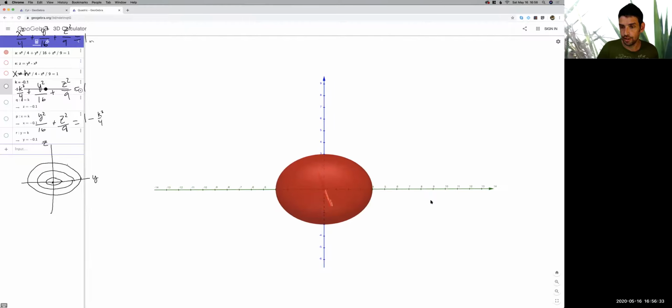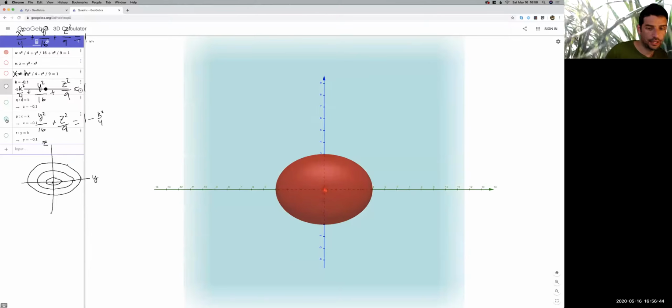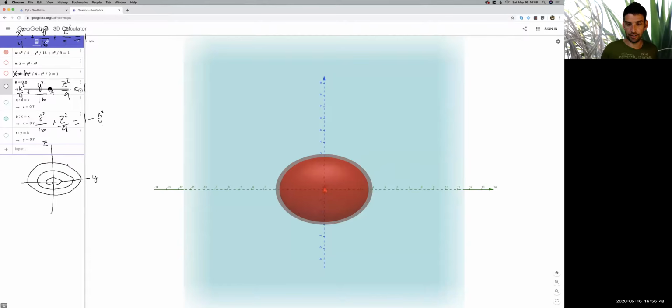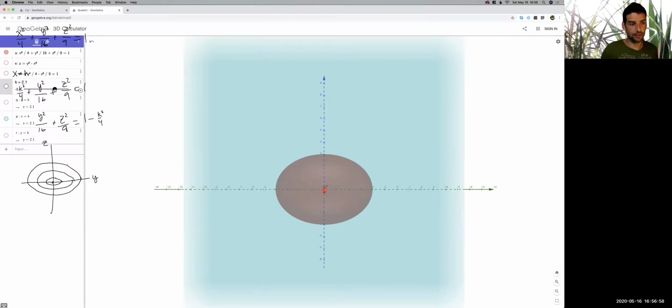We've got y positive to the right, z positive up, and let's add in the plane x equals 0. And I'm going to start making it bigger and look at these intersections. That dark circle, the outline of that, is the intersection. And as I go closer and closer to 2, it's getting smaller and smaller.